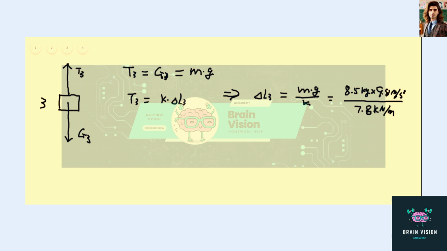And this gives us approximately 1.07 centimeter. And this is the displacement of the spring number 3.